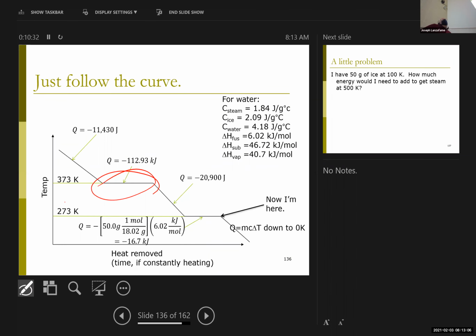You could be doing all five of those things simultaneously. That doesn't change the fact that the total amount of energy involved in doing the whole journey is the same. It does not matter if they're happening simultaneously or separately. Does that make sense?